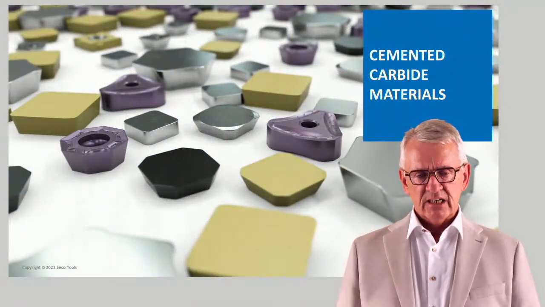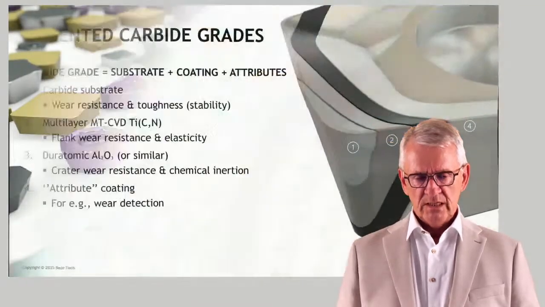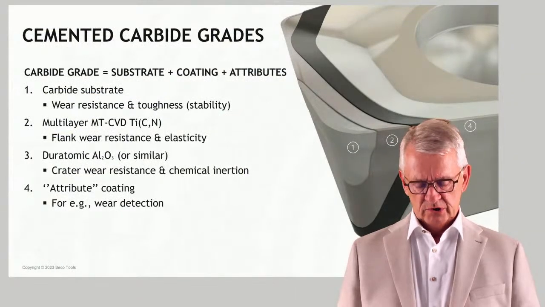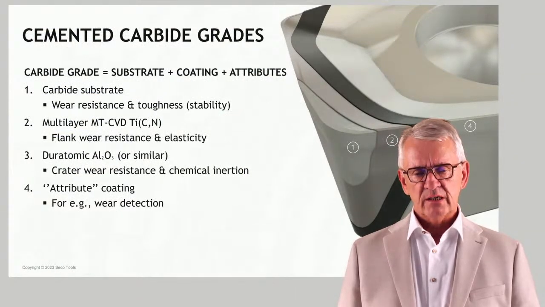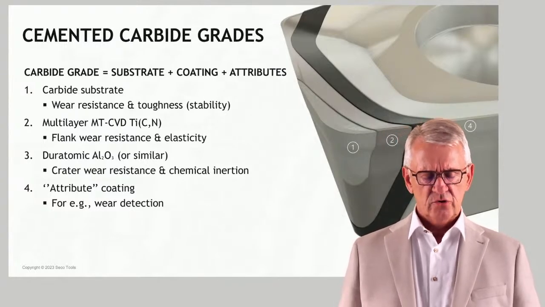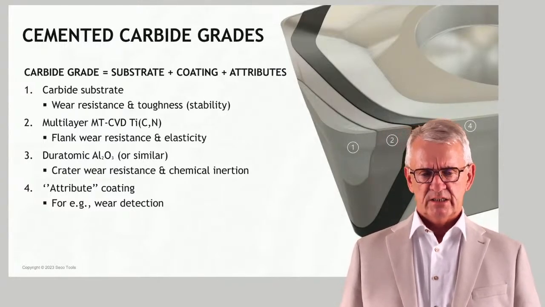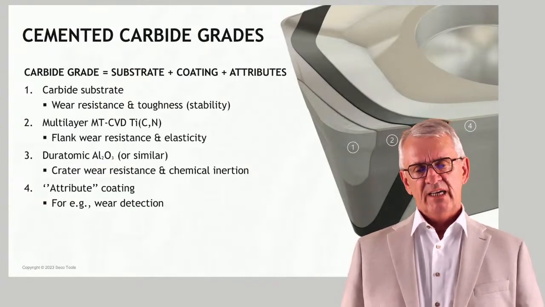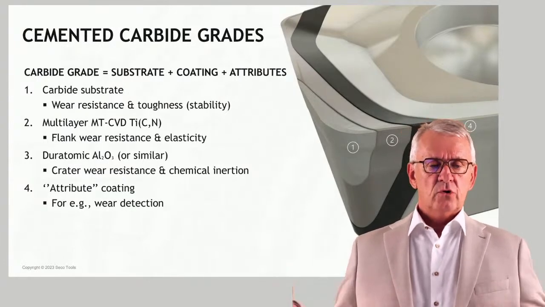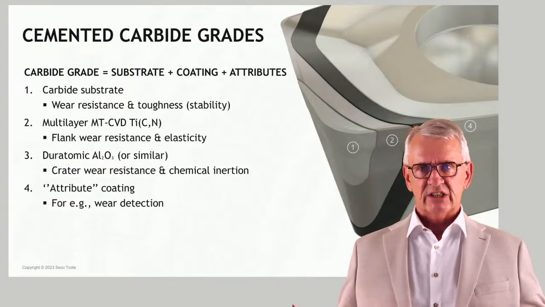Now, cemented carbide is today considered the most versatile material. It's kind of the standard, although I don't like to use the word standard because it means that the others are not standard. But it's the base, it's the core, it's normal, it's classic.